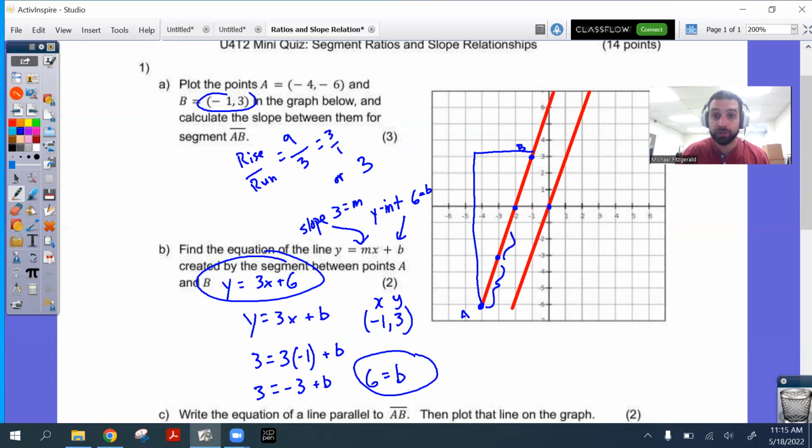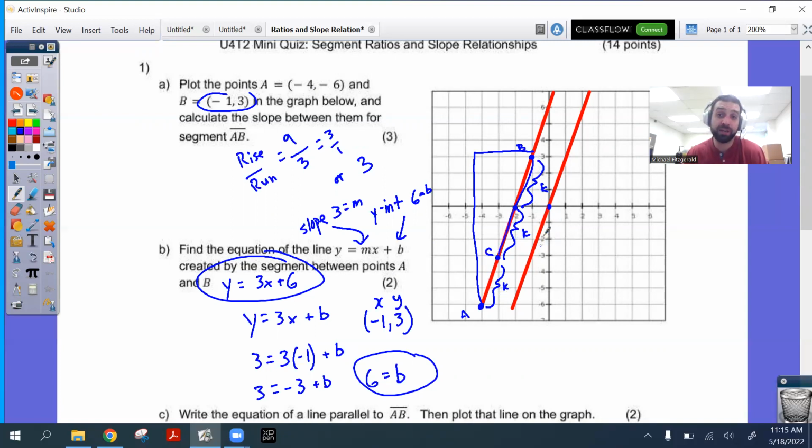Well, let's see. 1, 2, 3. So if this length is K, and this length is K, then from here to here we have the length of K, and from here to here we have twice that length, right?